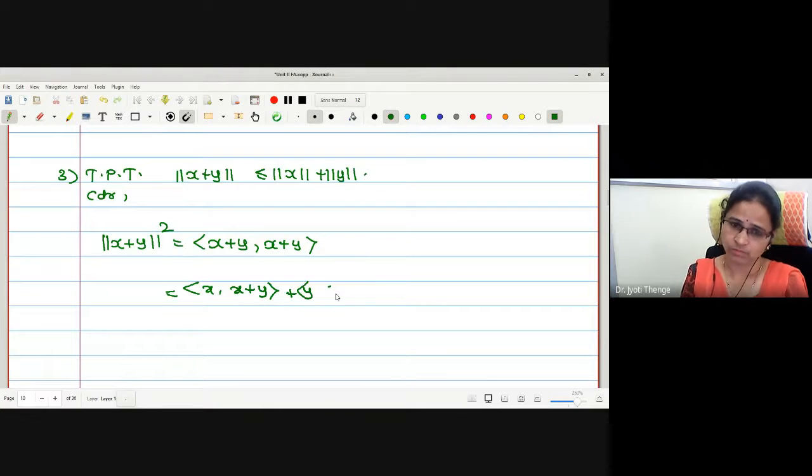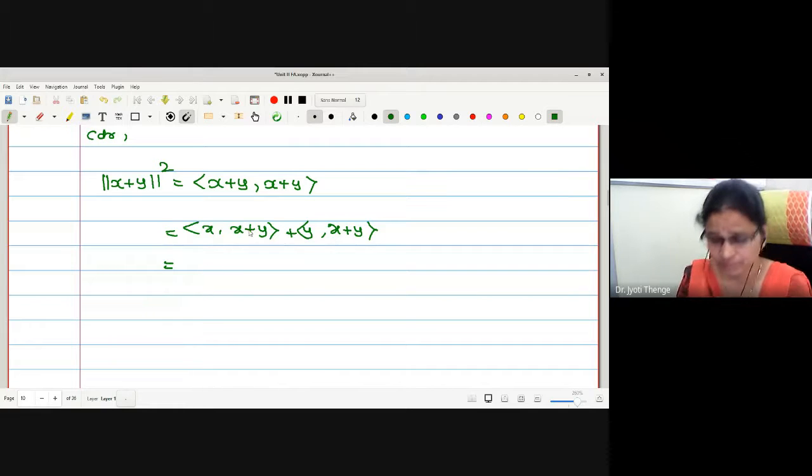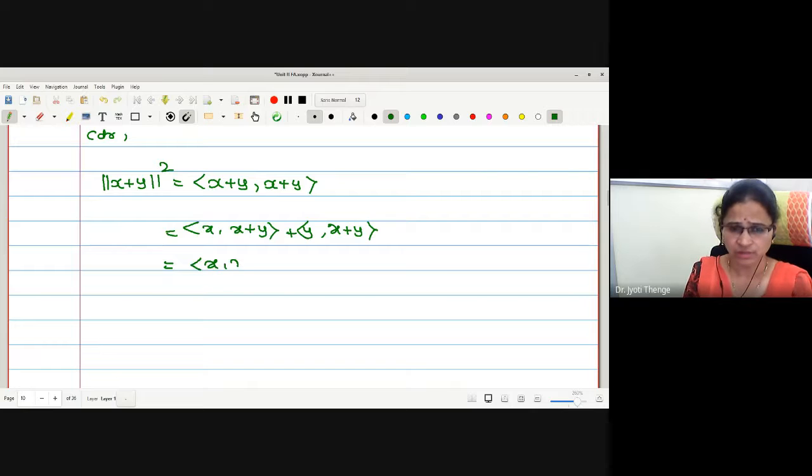Now let us use conjugate linearity in the second variable, but the scalars are 1, therefore no need to write the conjugate of those real scalars. Can I write directly inner product xx added with inner product x with y, added with inner product y with x, and y with y?